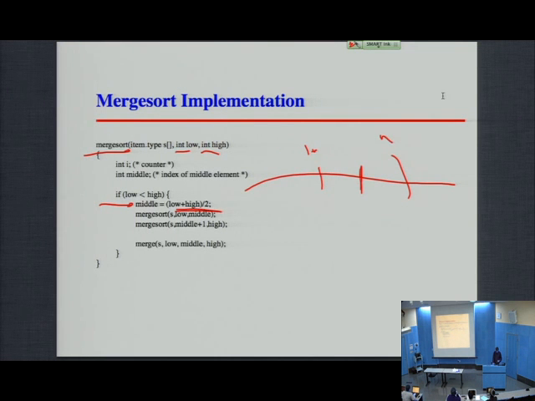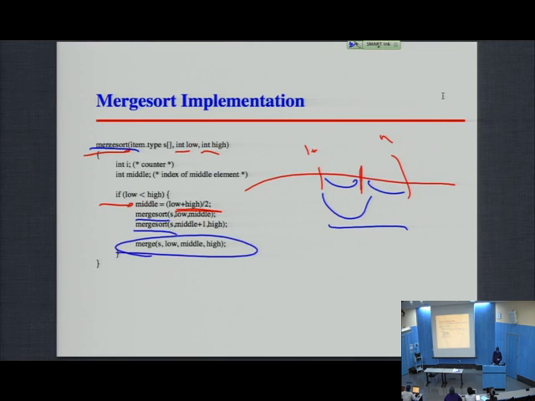That's just finding the average. Sort the left, sort the right, and then merge these elements into one sorted thing. This is a recursive call. The other is calling an auxiliary routine that, given two subarrays, merges them and writes them back into that same location. Any questions about that?